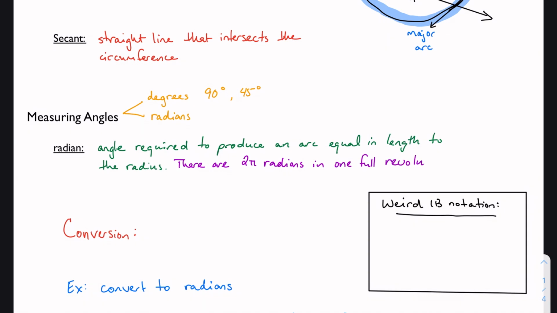In 1 complete turn through a circle, I turn through 2 pi radians. Well, we also know that there are 360 degrees when I do this, which leads us to our conversion. If I want to convert between radians and degrees, we know that an angle of 2 pi radians is the same as an angle of 360 degrees.